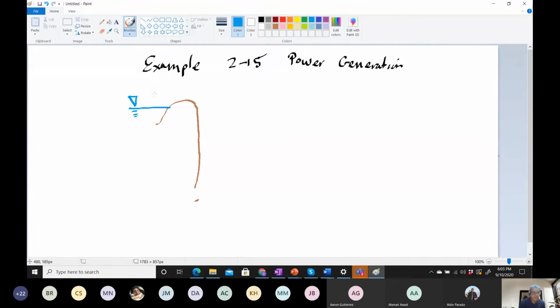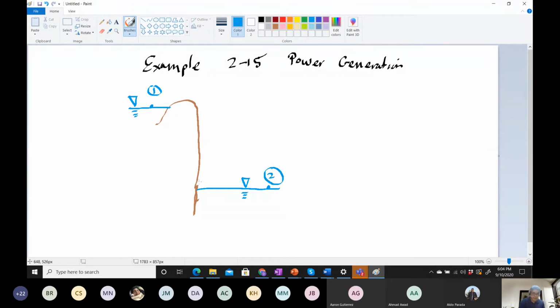We're going to call a point here at the surface of the water 1. Let's draw another surface of the water down here. Here's my symbol to designate surface of the water, and we're going to call it point 2.